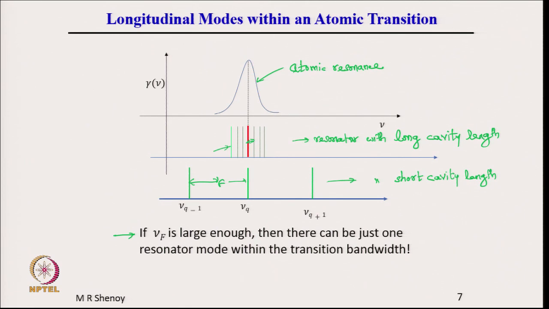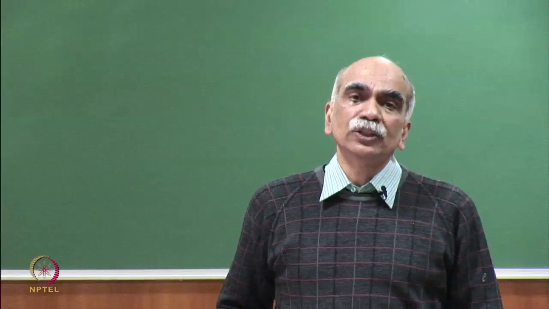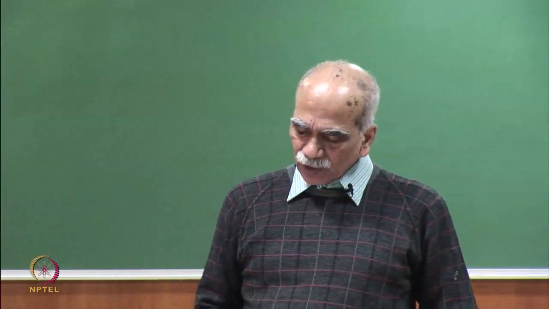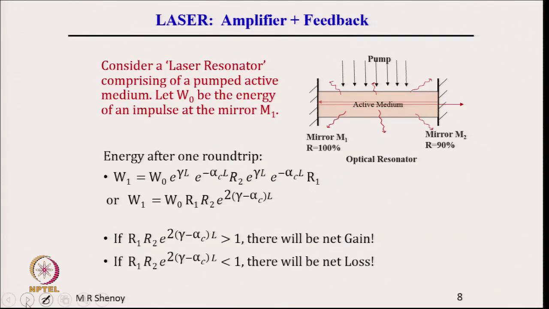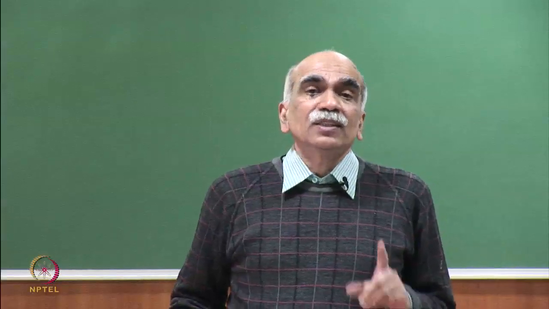That makes the discussion easier. Subsequently, we will bring in all the multi-longitudinal modes. If nu f is large enough, then there can be just one resonator mode within the transition bandwidth. All right. With this basics and revision, let us go to laser.